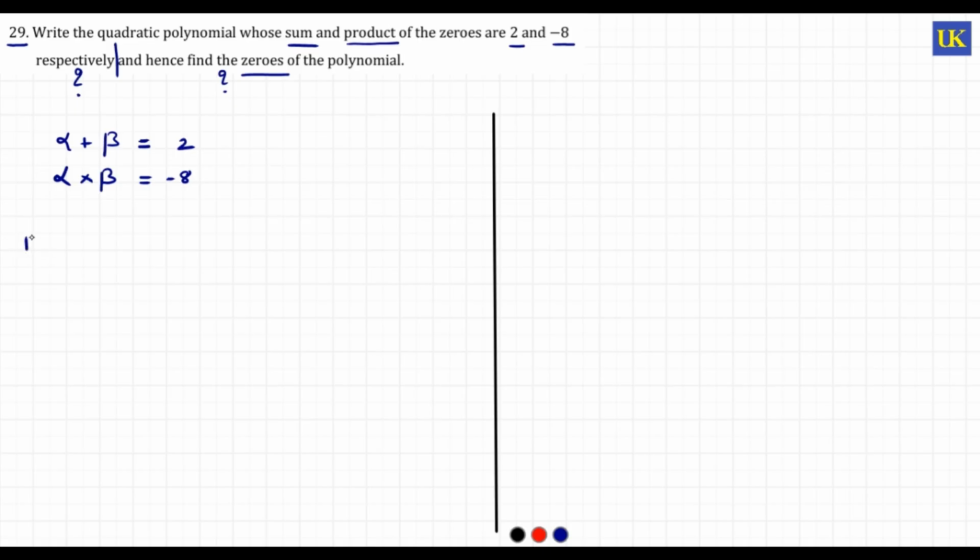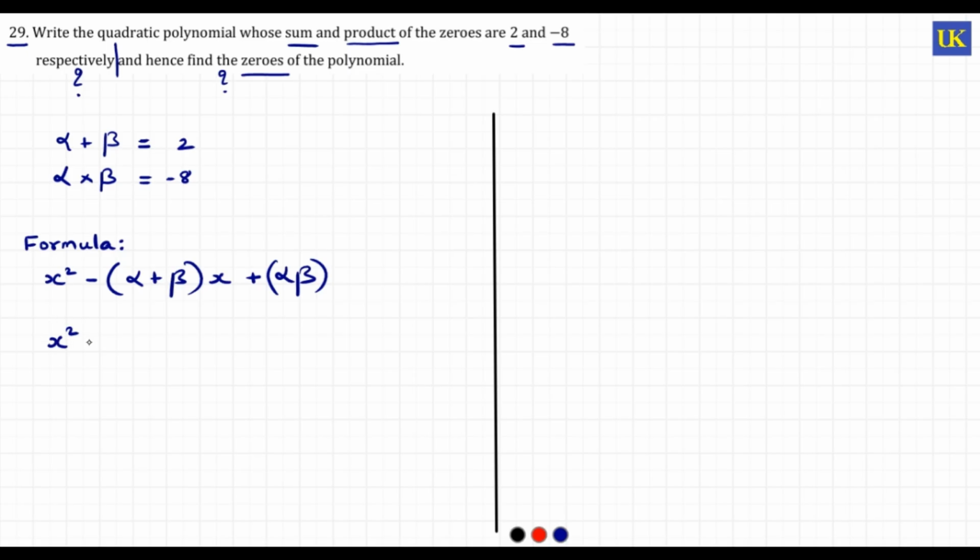So the formula to find the polynomial with the given details is x square minus alpha plus beta into x plus alpha into beta.